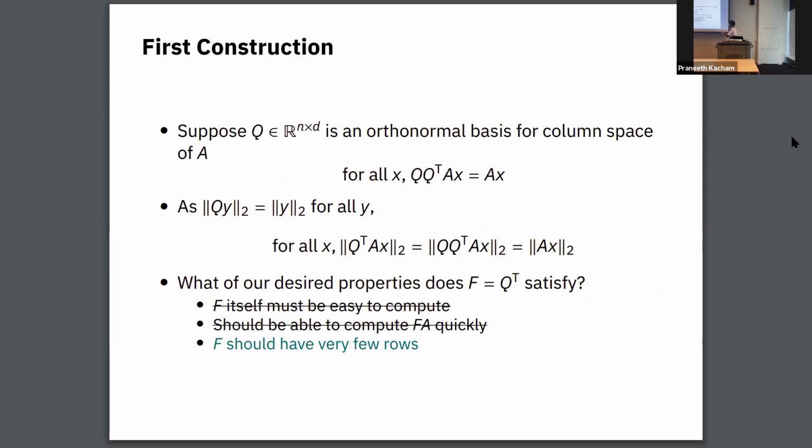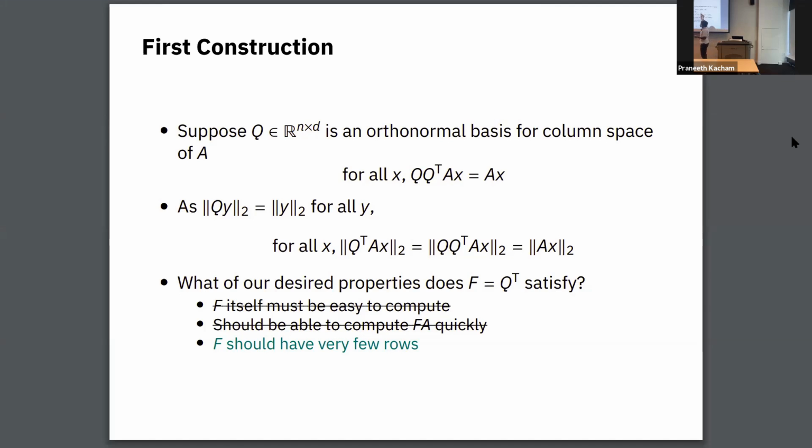So what's all the fuss with subspace embeddings? How can we even construct these? One simple subspace embedding construction is as follows. You are given a matrix A, which you want to embed. Now consider an orthonormal basis for that matrix A. That is, Q just has orthonormal columns, and Q's columns span the subspace spanned by A's columns, right?